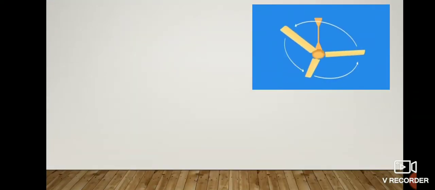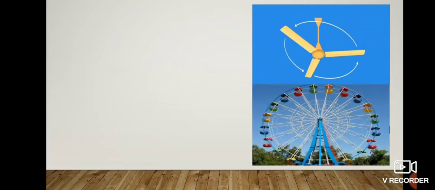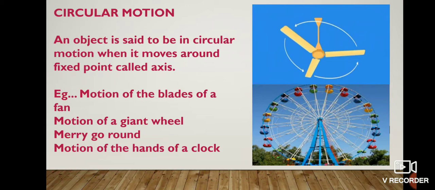Next is circular motion. When the blades of a fan are moving or the giant wheel is rotating, we call it circular motion. An object is said to be in circular motion when it moves around a fixed point called axis.